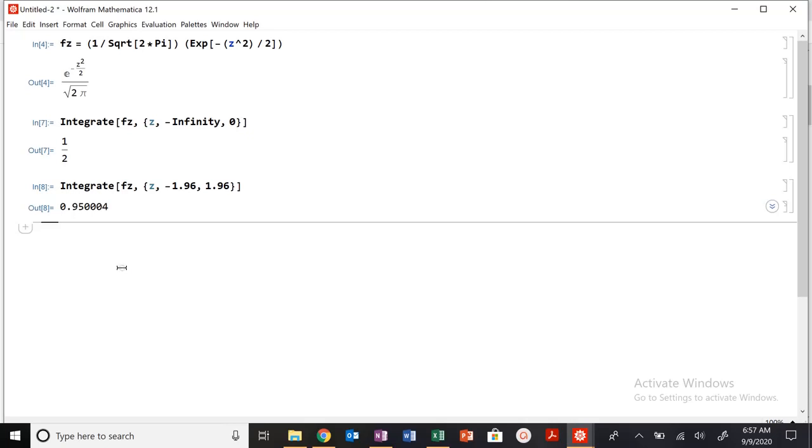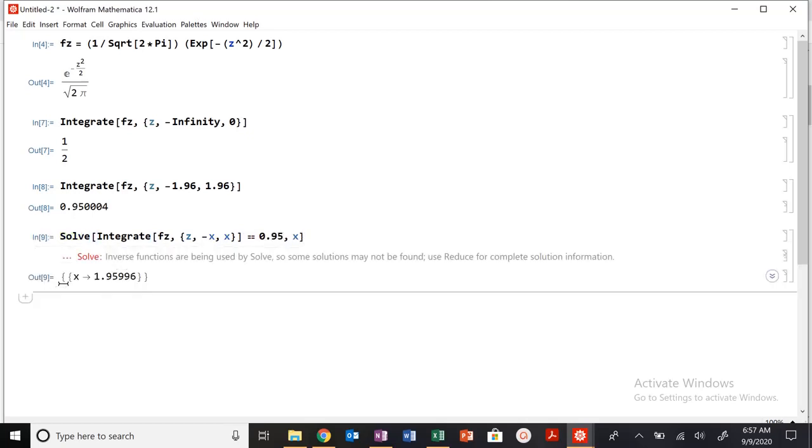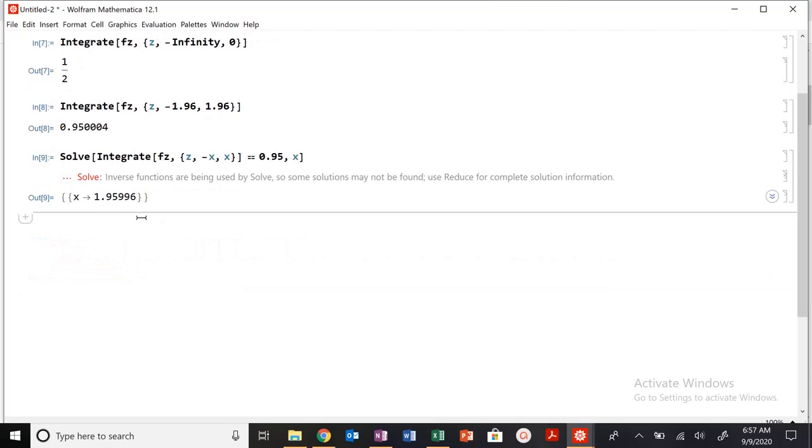Again, I could actually solve for the exact number, because it's not exactly 1.96. I integrate f of z from minus x to x, set it equal to 0.95, and solve for x. You can see the exact numeric answer there, pretty much 1.96. If I want a 90% confidence interval, I get this z value. If I want 50%, I got this. If I want 75%, I have this.